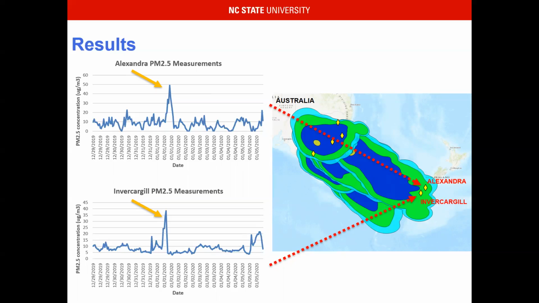That amount is not as high as at the Australian monitoring sites because of the distance: the Australian monitoring sites are located at the center of the fires, but New Zealand was only affected by the transported plume.